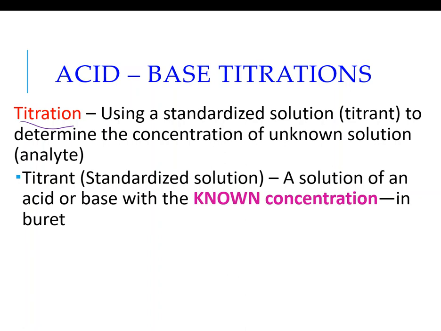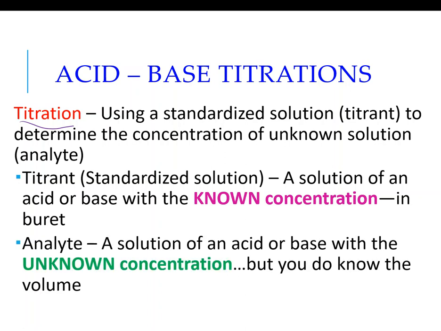The titrant, or the standardized solution, a solution of an acid or base with a known concentration, that's in the burette. Usually you put the known in the burette and you put the analyte or the unknown in the flask or the beaker. Now I've seen it reversed sometimes, but that's the normal procedure I've always seen. You always put the known in the burette for the measuring and the unknown in the flask, although I guess it simply wouldn't matter too much in terms of the calculations.